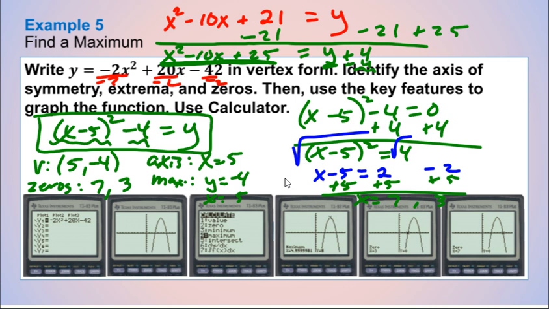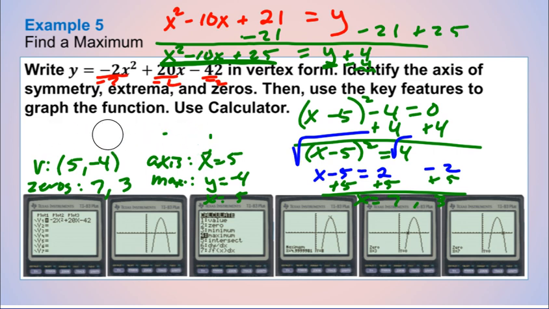So when I was completing the square, I go through the same steps to find my zeros, but to write it in vertex form, I'm not going to divide everything by -2 to start off, just only on the one side.